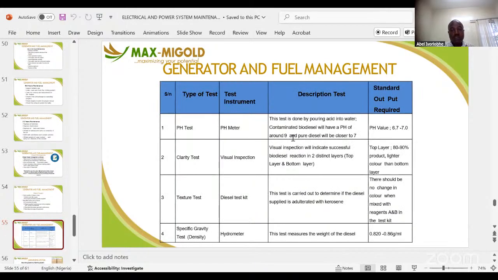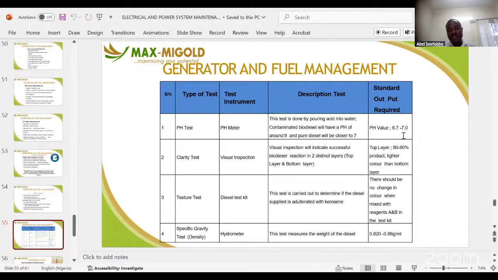All right. So this is the generator diesel management kit. What you test for is the pH test, the clarity test, the texture test, and the specific gravity. There's a range which we accept when we are carrying out a pH test.